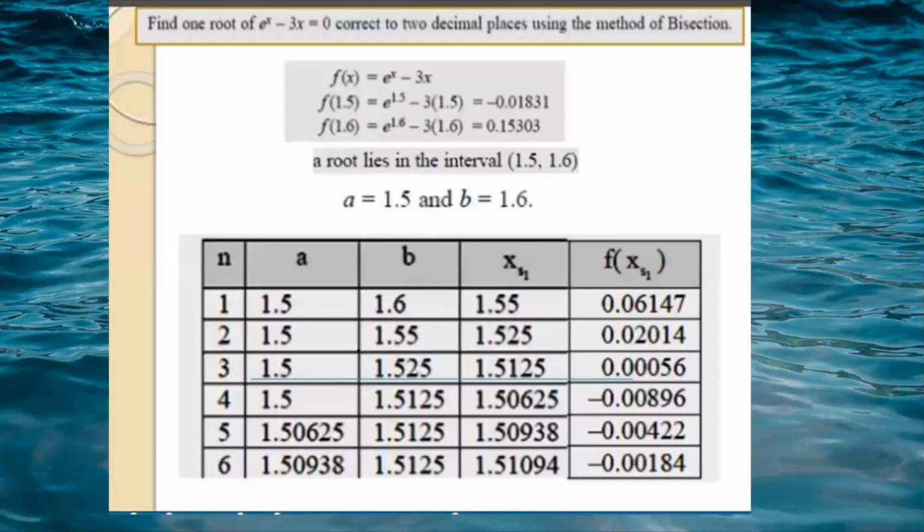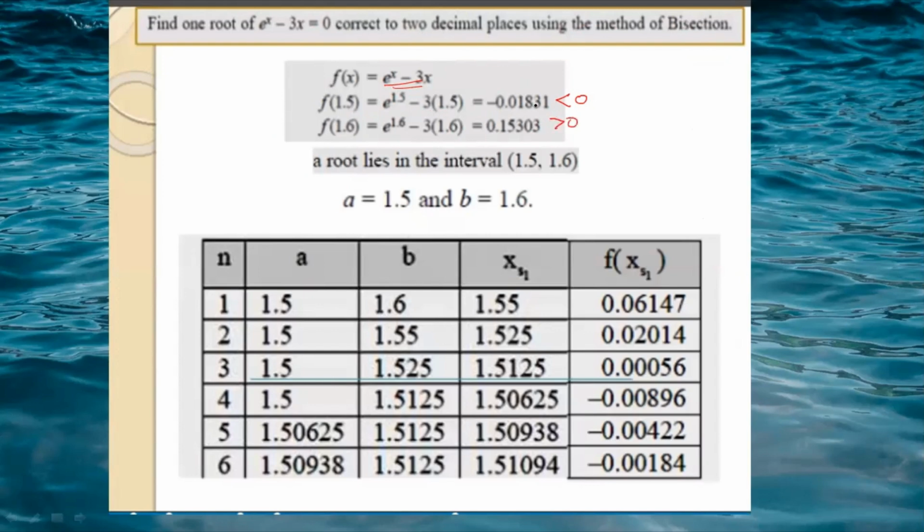Okay, next one more problem. Find one root of e power x minus 3x equal to 0, corrected to 2 decimal places using the method of bisection. f of x is equal to e power x minus 3x. So f of 1.5 is e power 1.5 minus 3 into 1.5, that is less than 0. And f of 1.6 is greater than 0.